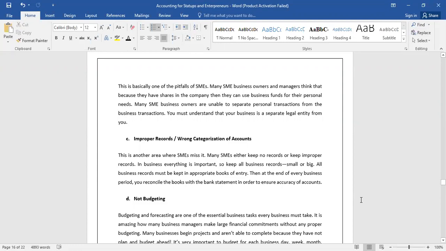You can't tell how you are faring in your business because you've been spending it together, so you can't sit down and analyze the transactions meant solely for the business. I have a friend I've been helping. You can take his bank statement and tell that he's using the money for personal things, because when you take the bank statement and do a reconciliation, it looks like it's being used for personal things.